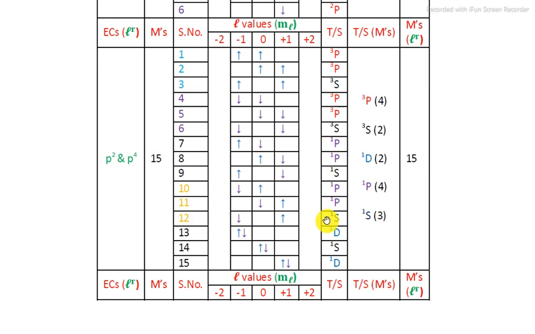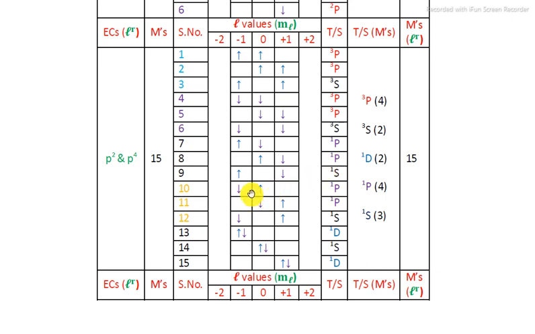Let us see the term. If the 2 electrons are present in the first and last orbital, the capital L value is 0. First and last orbital, capital L value 0, the term is S. In the other 2 cases, here P term, L value capital 1.